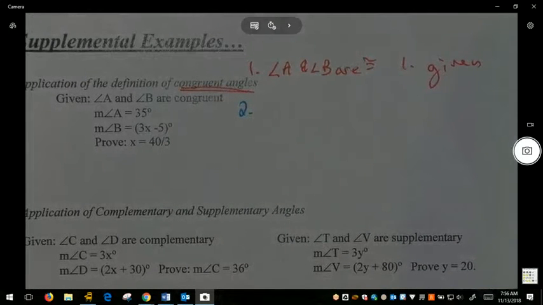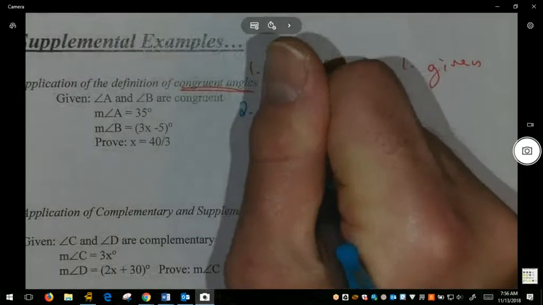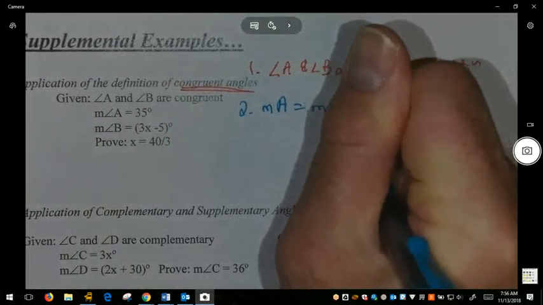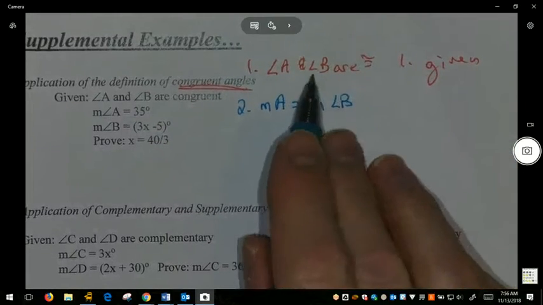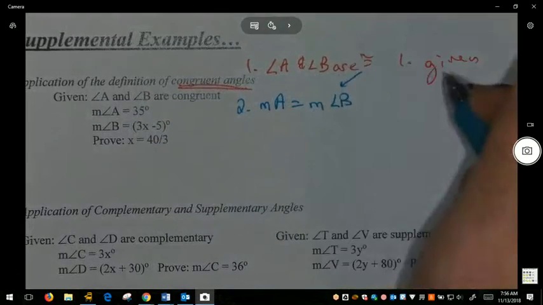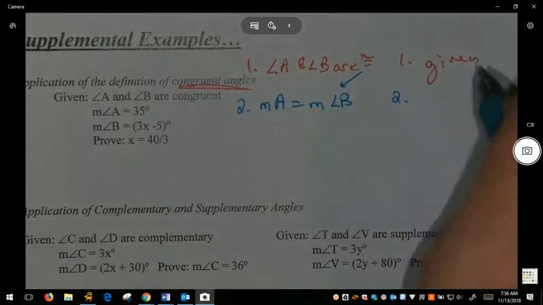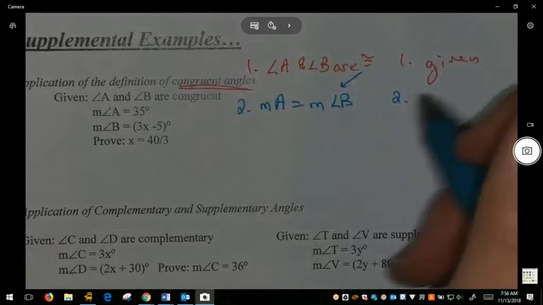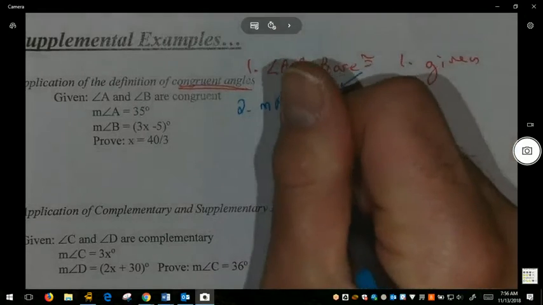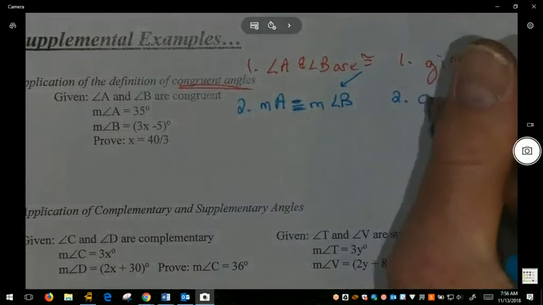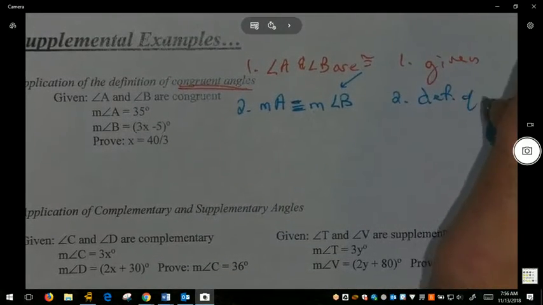The angles. The angles are equal? Angle measure. The measure of the angles, thank you. Measure of angle A equals the measure of angle B is the exact line that comes from the fact that they're congruent. And the reason, anybody have an idea of what we'd put for the reason? Well, how did I know that their measures are equal? Perfect. Definition of what? Of congruent.